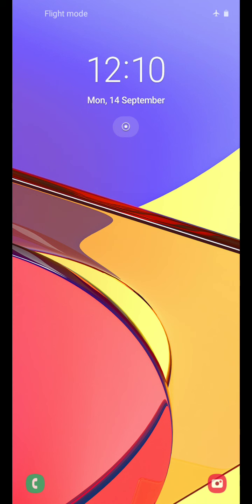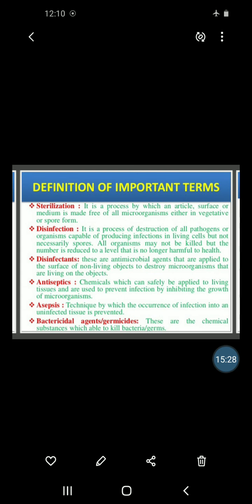Then we will see the principle of dry heat sterilization. The oxidation process is involved in the killing of organisms by dry heat sterilization.